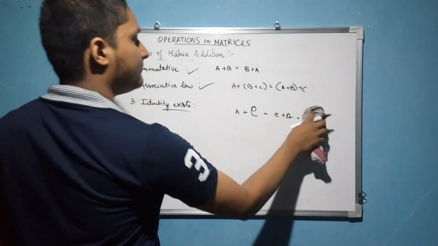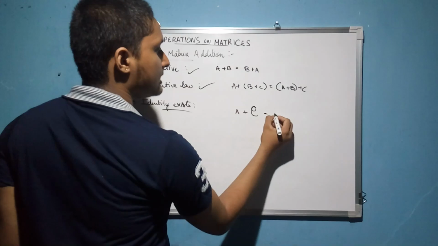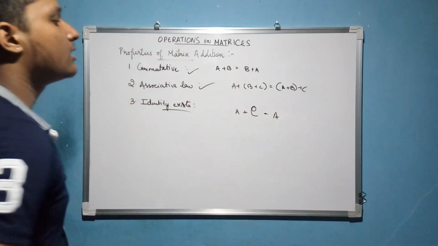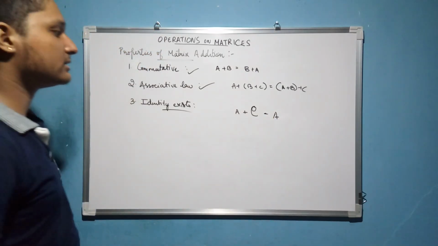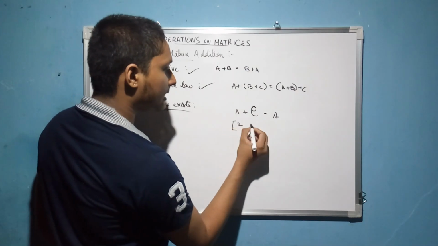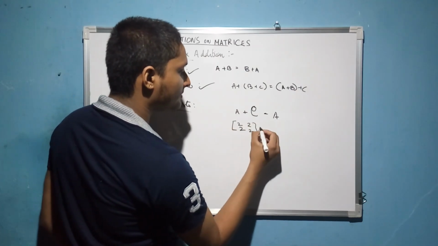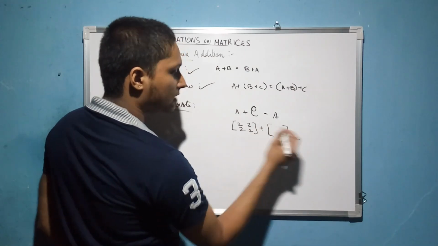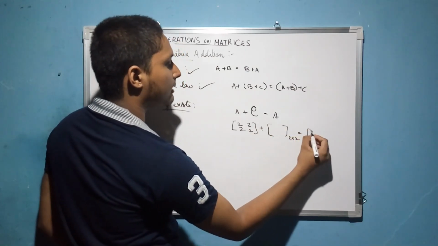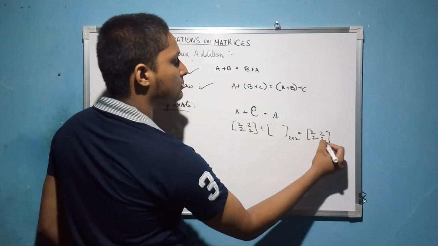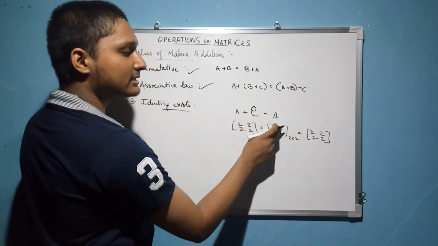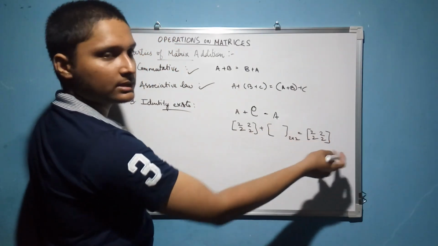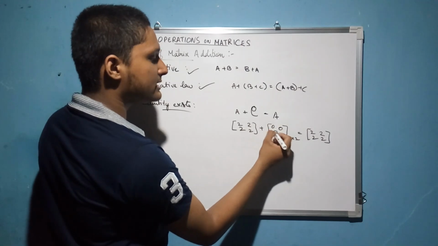Okay, if we consider only one of these cases, A plus E is equal to A. So maybe I'll take an example like 2, 2, 2, 2, some 2 by 2 matrix only for the example. At last you are going to get 2, 2, 2, 2. So you need to add some number for which it is going to be the same, and that is always 0.